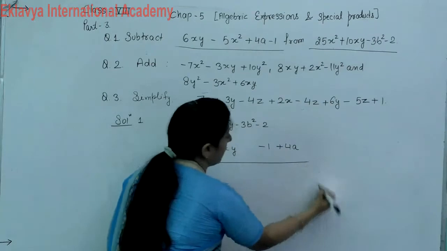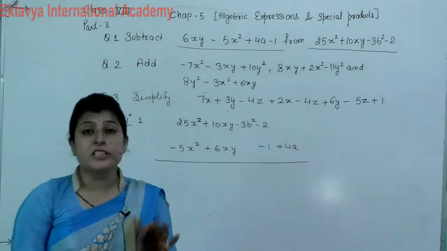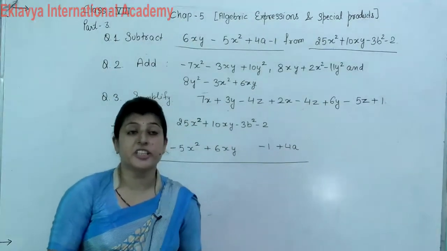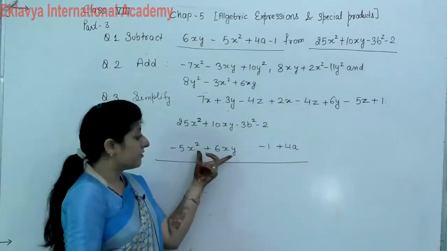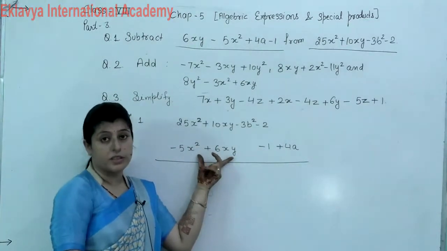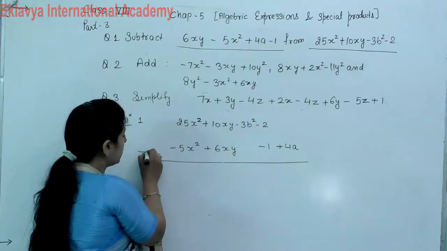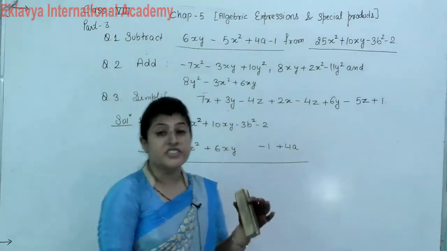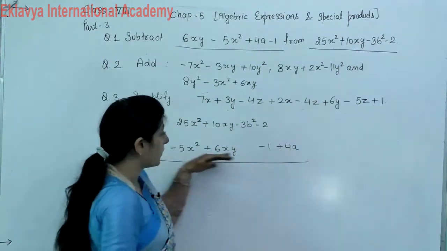Now see, whenever we do the subtraction there is a change in the sign of this one polynomial. Whenever we do the subtraction we will change the sign of this polynomial.